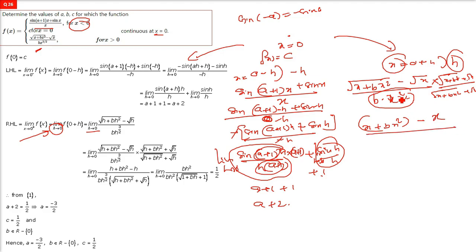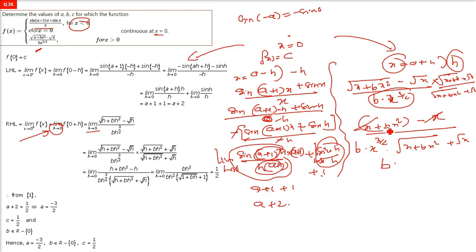In the denominator you will get bx raised to 3 by 2, and then we have root of x plus bx square plus under root x. Okay, so in the numerator x gets cancelled and you will get bx square. This is bx square, just write it here.